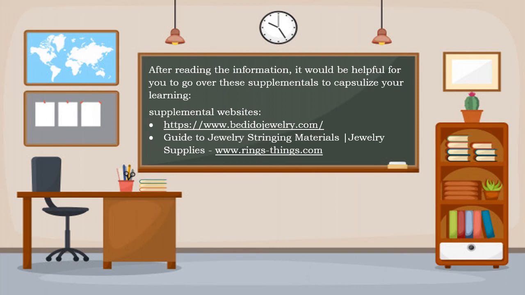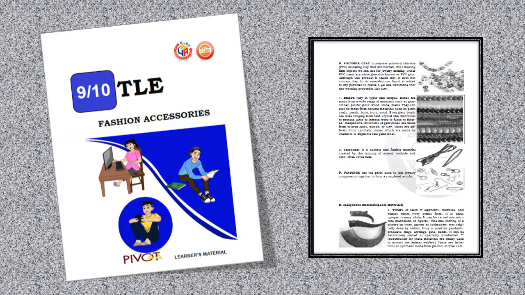And also visit other reliable YouTube videos that can help you further understand how to select materials for your future fashion accessory making. Of course, we have information from our very own TLE fashion accessories learners material from the Pivot 4A module. You can browse through it, read it, and understand it.